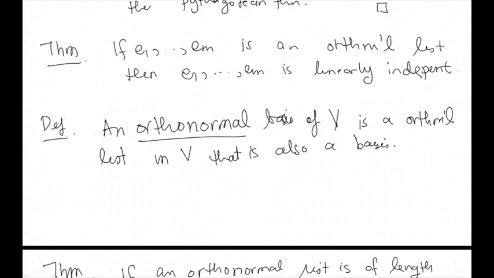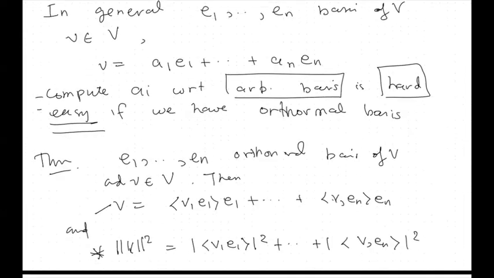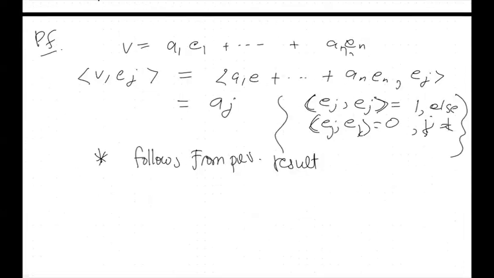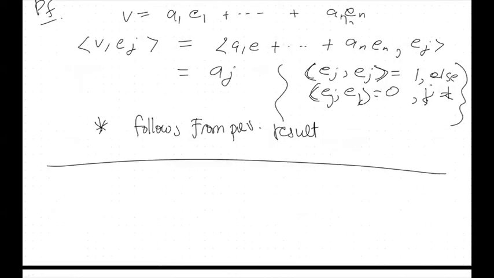So that's it. Now you already have that theorem. We understand the usefulness of the orthonormal basis: because it is orthonormal, the coefficient a_i will be just the inner product of the vector with the orthonormal basis element e_i.